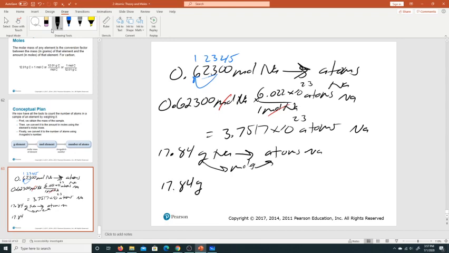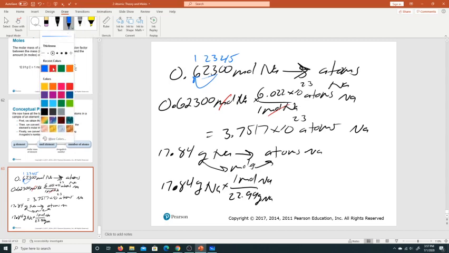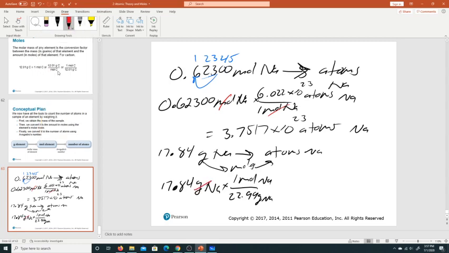17.84 grams Na. Again, sodium is 22.99 grams per 1 mole of Na. Check units. Again, my assumption is you know how to find this information from Chem 1025.